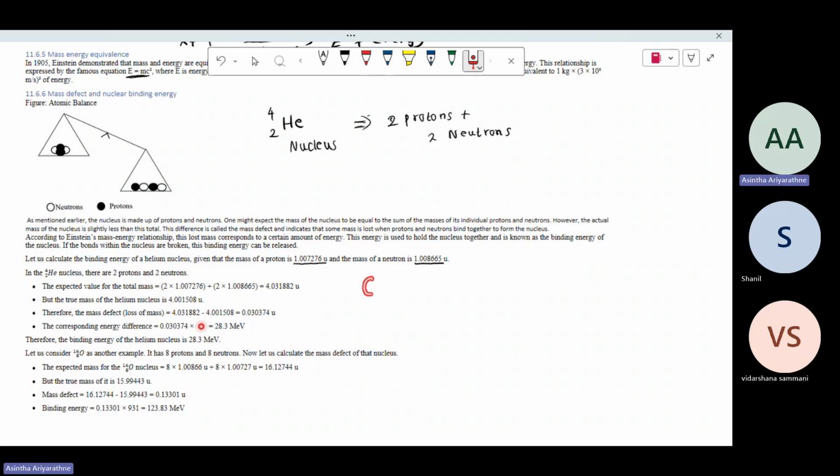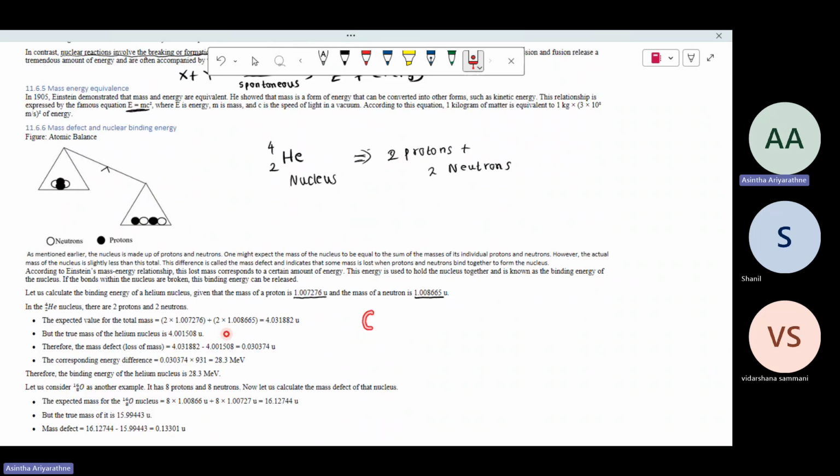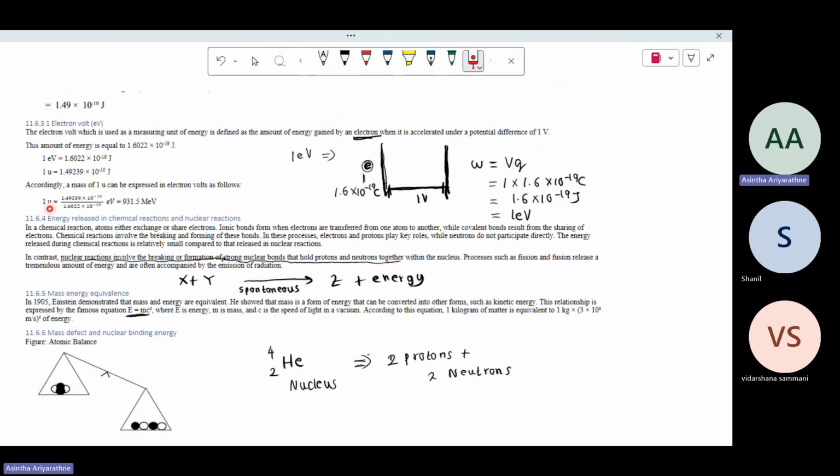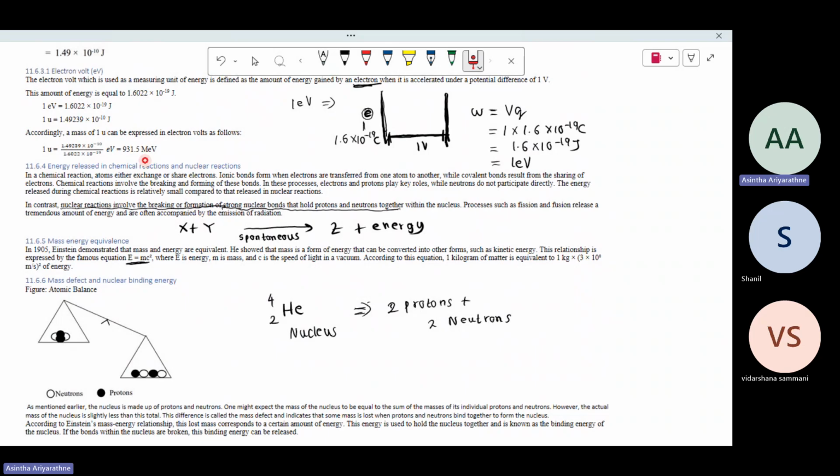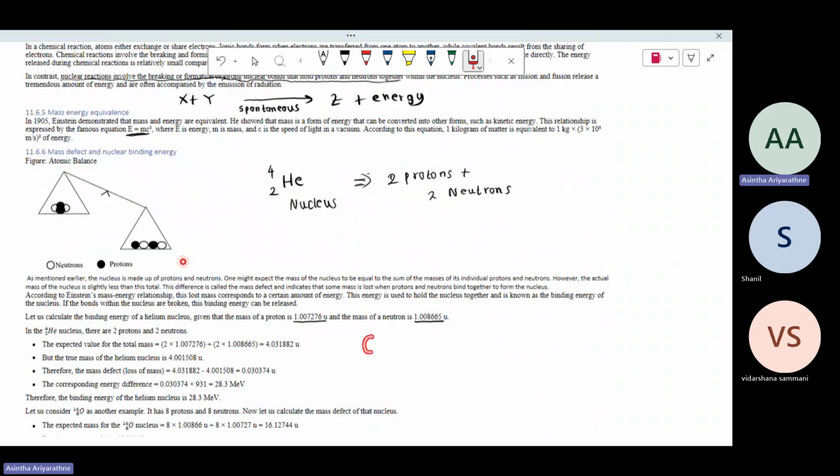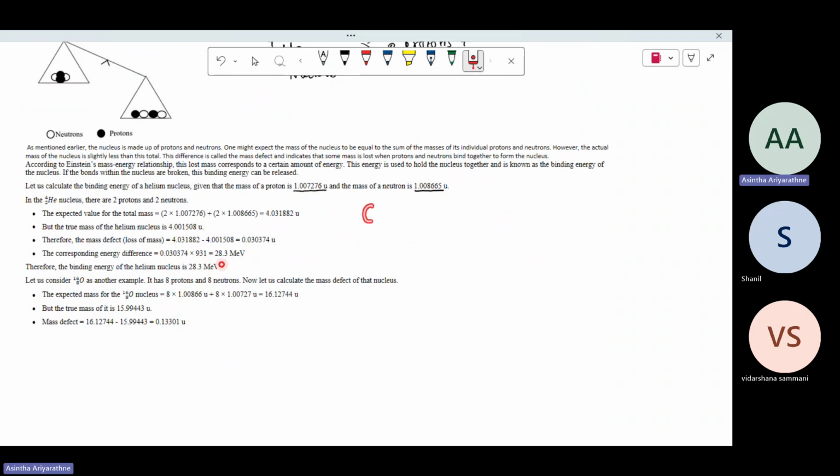The loss of mass is the difference between these two values, 0.03. Since one AMU corresponds to 931.5 mega electron volt, multiplying gives 28.3 mega electron volt.